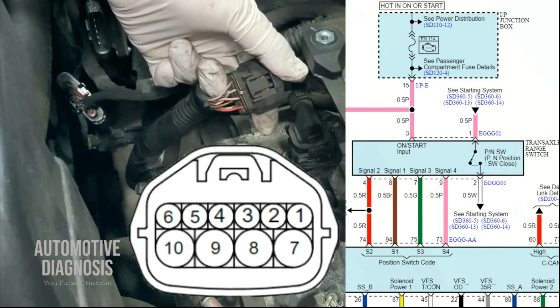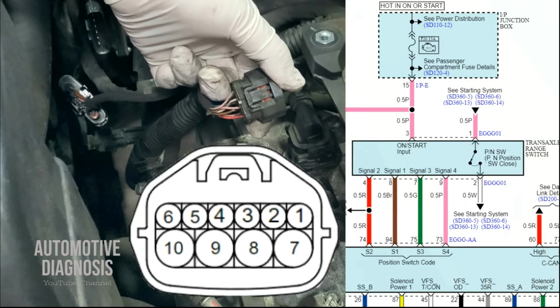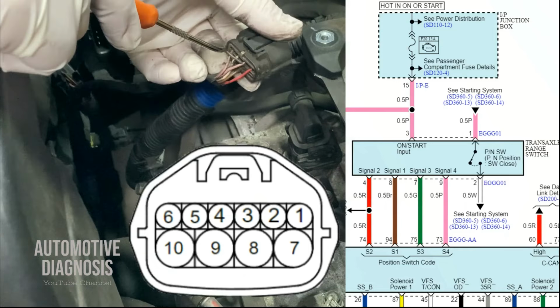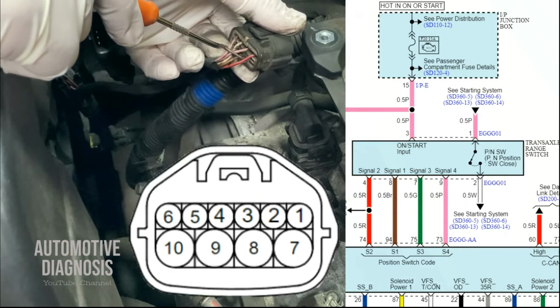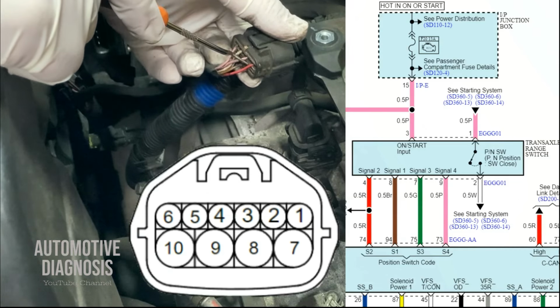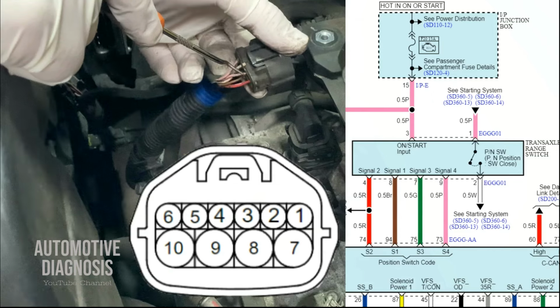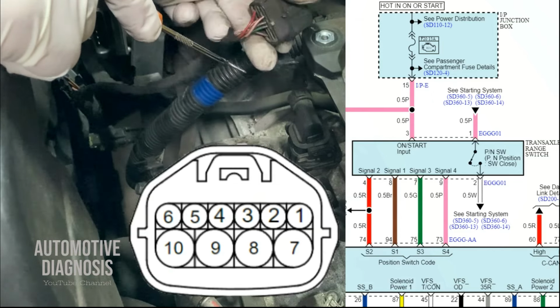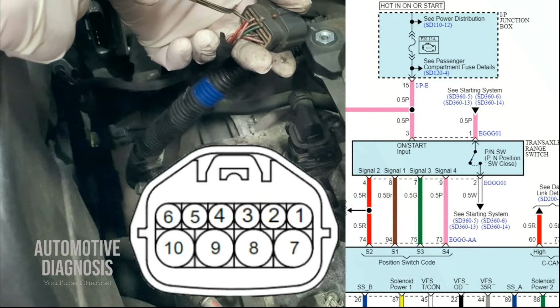And as you see on the screen on the wiring diagram, this one gets the power supply from a fuse inside the IP junction box. So if that fuse is broken, of course you won't have any power supply over here as well. Pin number 4 is signal number 2, and I will explain what signal number 2 is later on. We do have 3 more pins.